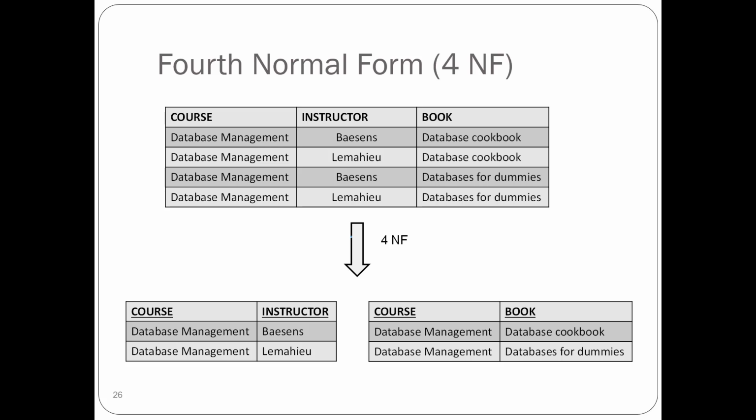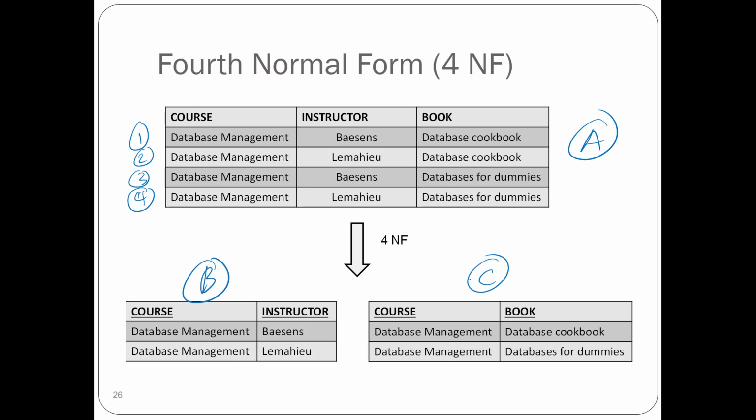Let's look at an example for fourth normal form. The course is database management. In all the 4 tuples, 1, 2, 3, 4, this is the original relation, or the table I should call it, because we have all the tuples. This is not in fourth normal form. The A that you have here is not in fourth normal form.